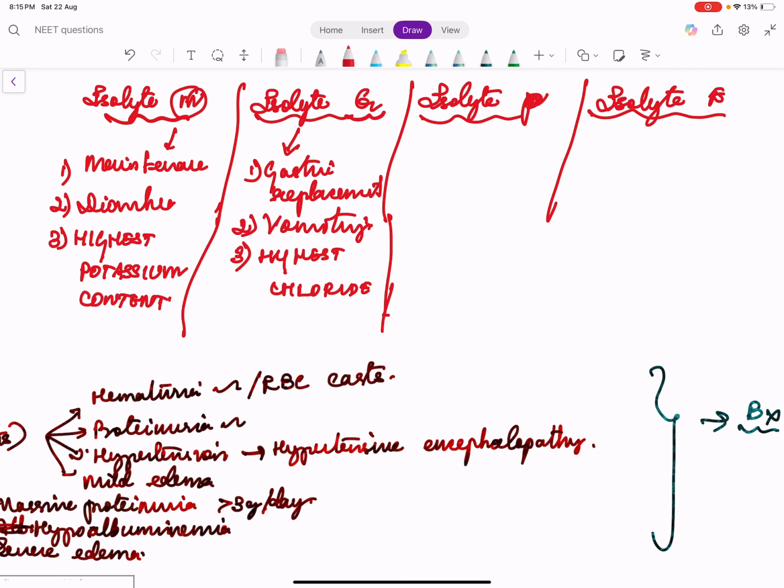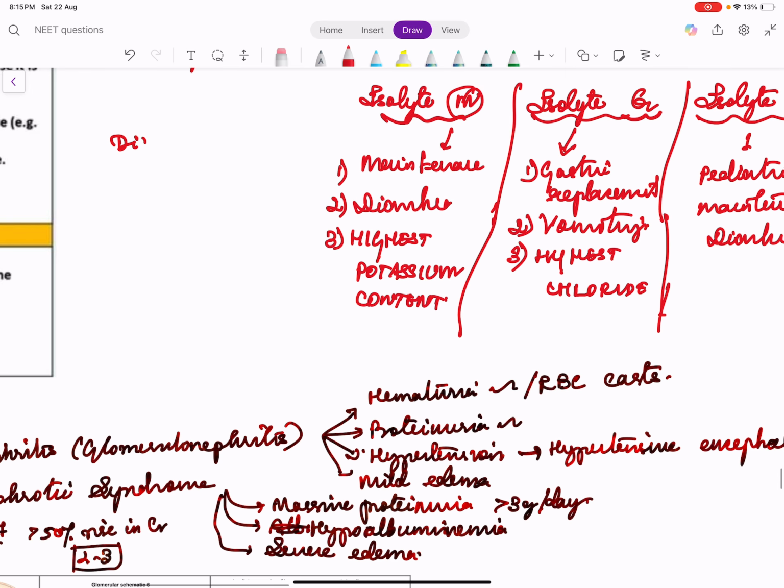Isolyte P. Isolyte P is the pediatric maintenance fluid. So it is also given in diarrhea for children. So which are the IV fluids which are given in diarrhea? Ringer's lactate, Isolyte M, and in pediatrics you can give Isolyte P. Ringer's lactate is given initially to volume expand.